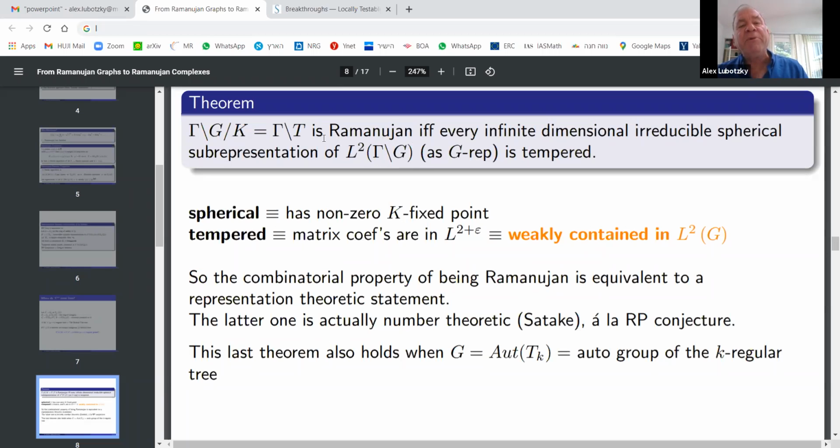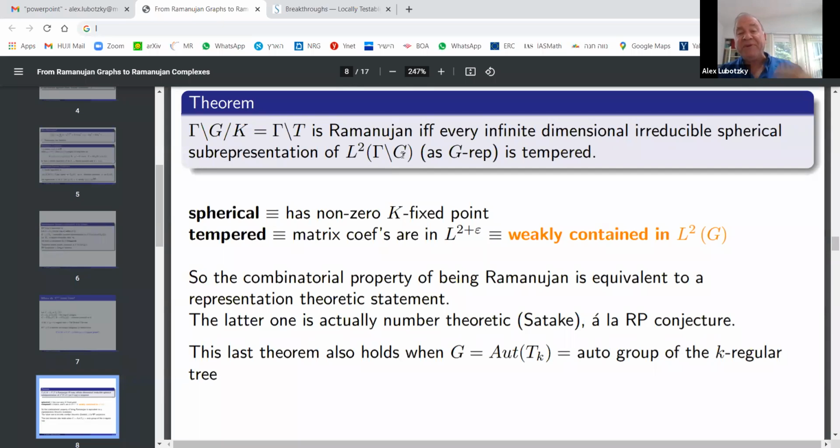What's important for me here is that you see that this simple, down-to-earth property of a finite graph being Ramanujan, namely that all the eigenvalues are bounded by something, is equivalent to some kind of fancy results on infinite dimensional representation theory. That's kind of the amazing thing in this story.